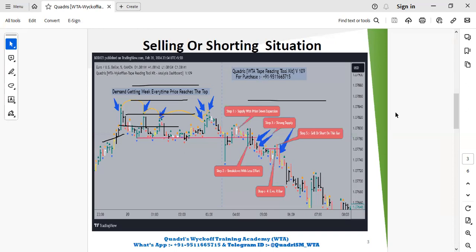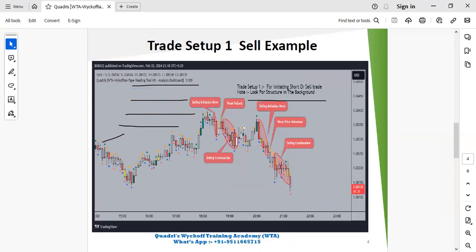Now, before getting into the ideal situation for selling and buying, I'll start with what is an ideal selling or buying situation.